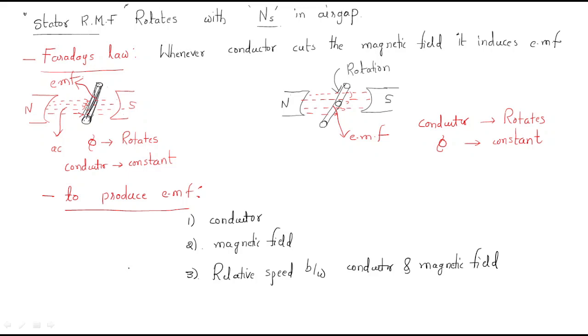So in this condition, we have conductors, more number of conductors. I am taking just a single conductor from the rotor, and flux is traveling. Which type of flux is it? This is the conductor, generally a stationary conductor, and the flux is a rotating magnetic field, that is rotating flux.